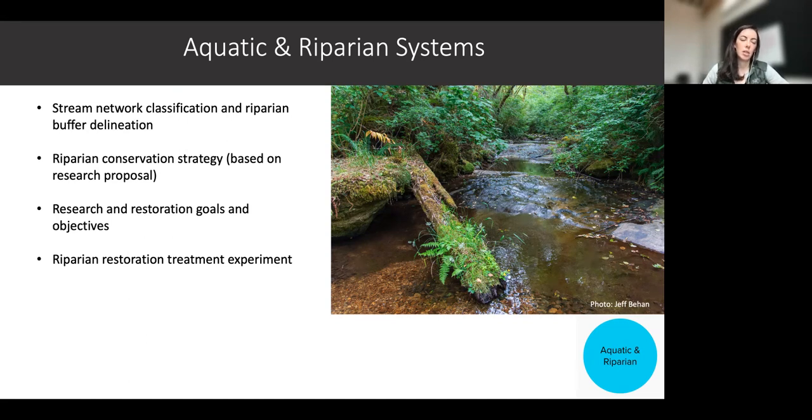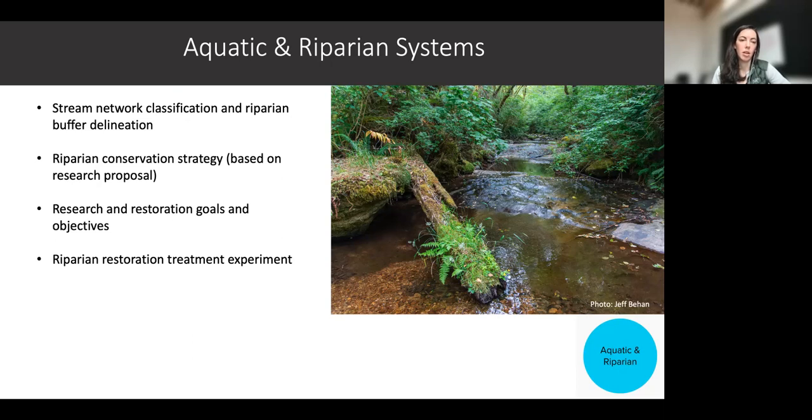The third piece is looking at research and restoration goals and objectives. There was an early version of this section that was shared back in July with this FMP working group that we got some comments on and are continuing to develop that section and incorporate feedback.